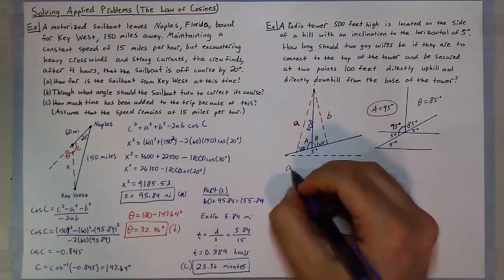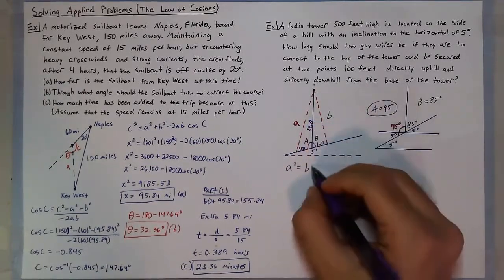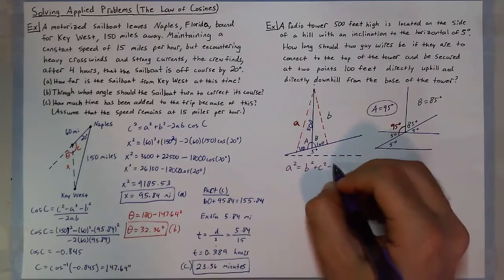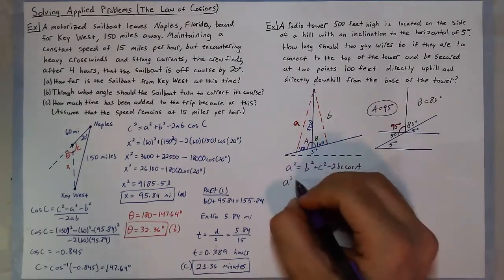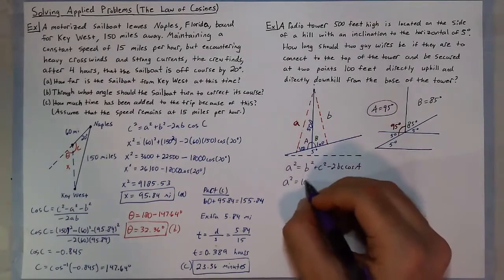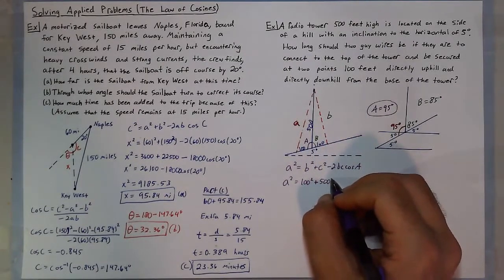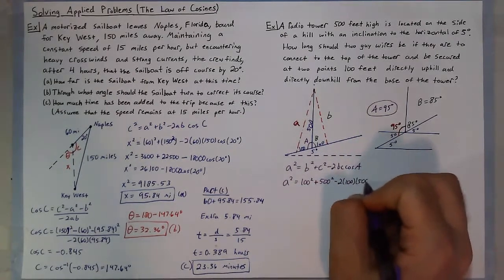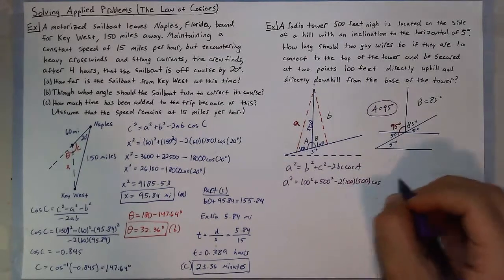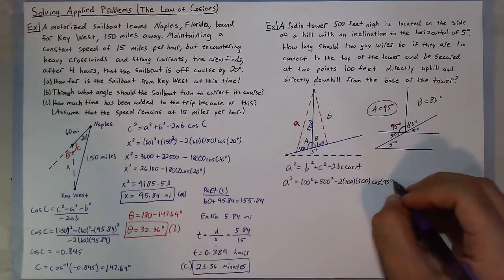So I'm looking for A squared, and I know what the other two side lengths are, B squared and C squared, and cosine of A. So A squared would equal 100 squared plus 500 squared minus 2 times 100 times 500 times the cosine of 95 degrees.